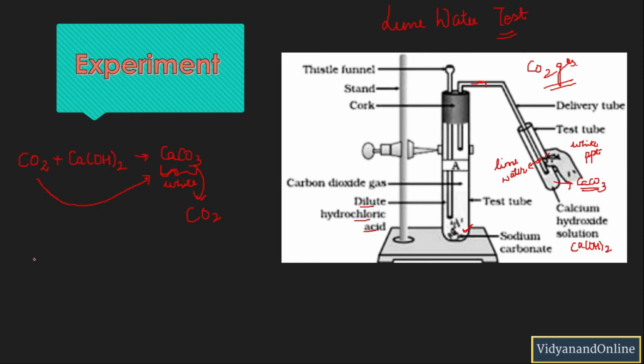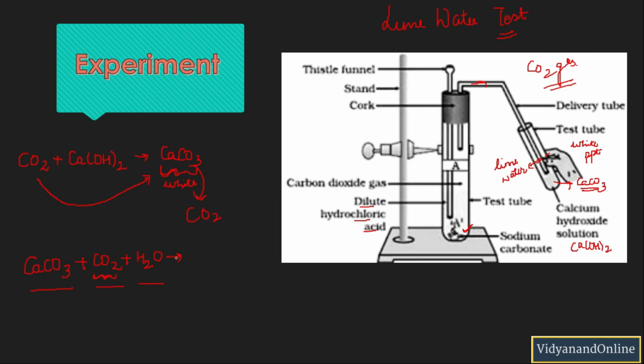The equation is: calcium carbonate, which is formed here, will react with excessive carbon dioxide along with water. The slaked lime consists of water also, that is why calcium carbonate will react with excessive carbon dioxide and water in order to form calcium hydrogen carbonate.